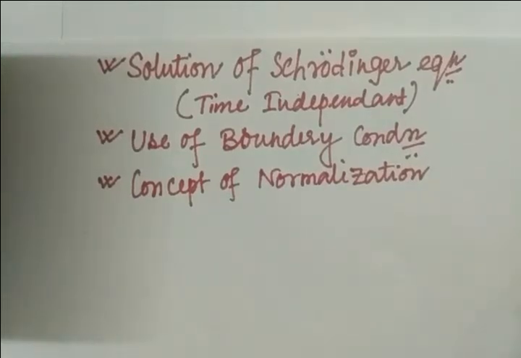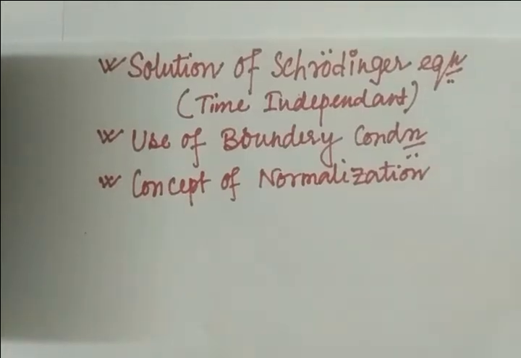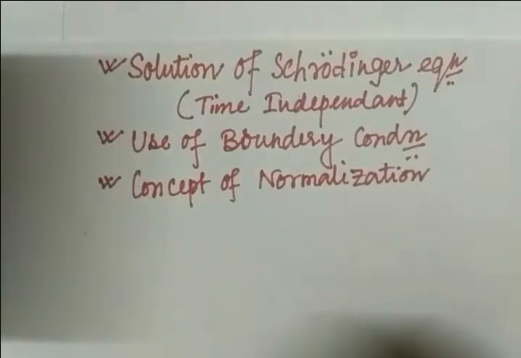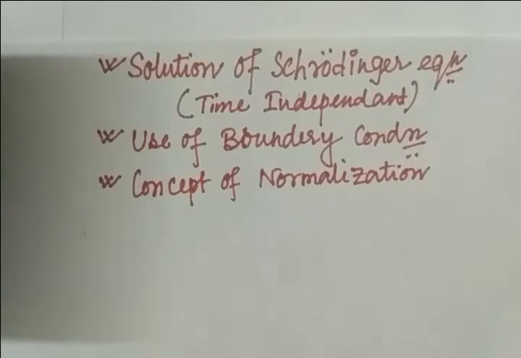Very good morning. Today I will cover the following topics in my lecture: the solution of the time independent Schrodinger wave equation, and to solve this equation, the use of the boundary condition, what the boundary conditions are, why to use them, and everything related to that.